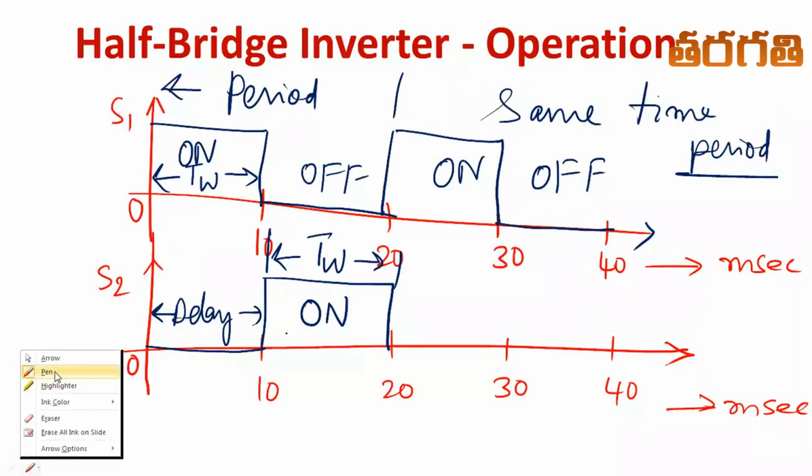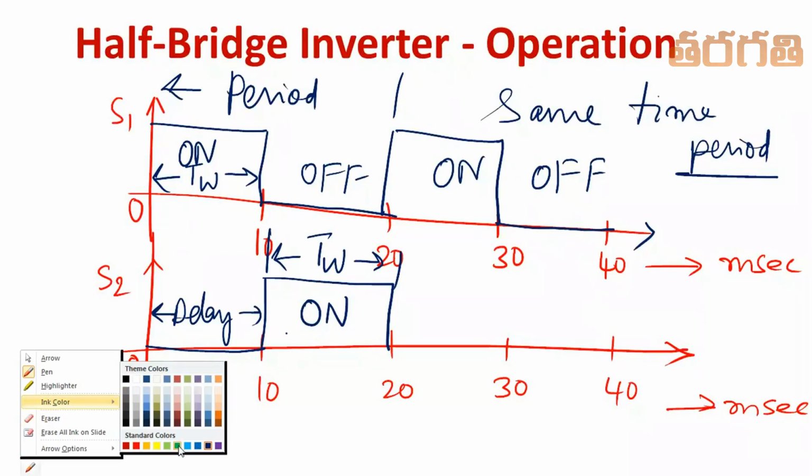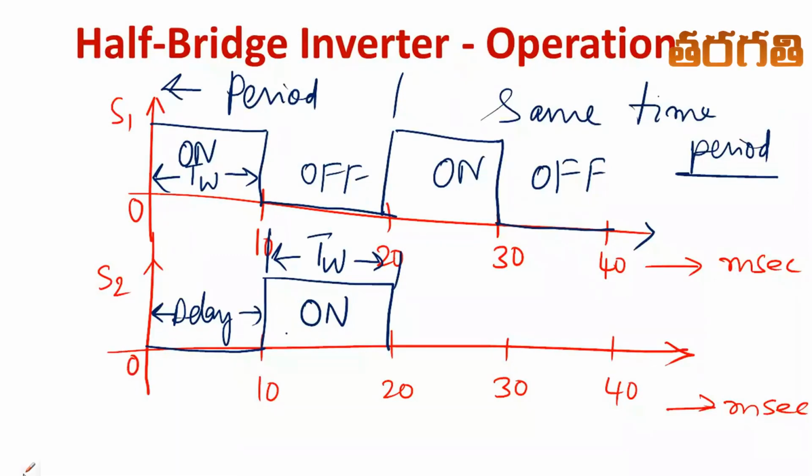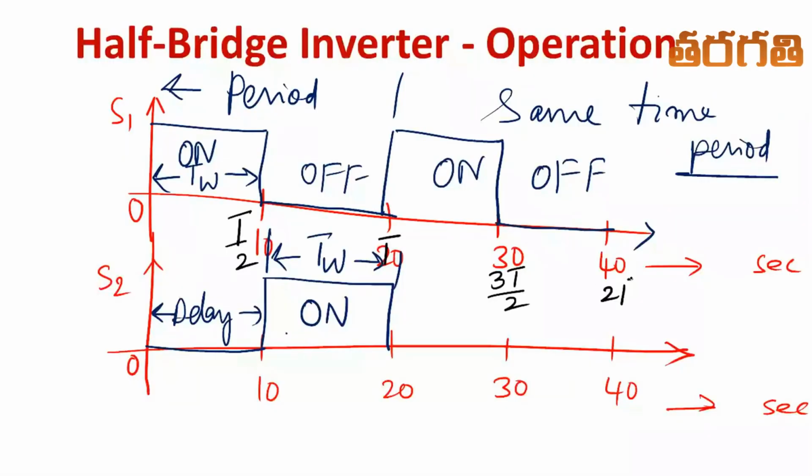Suppose we consider a general case, where time is measured in seconds. Then this will become T by 2, this is equal to T, this is 3T by 2, and this is equal to 2T.